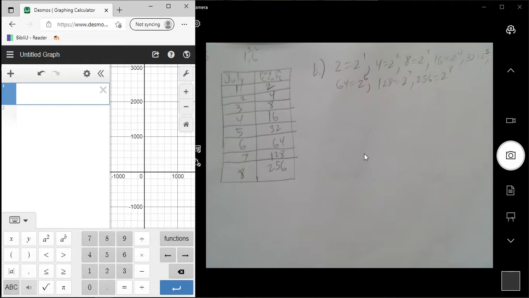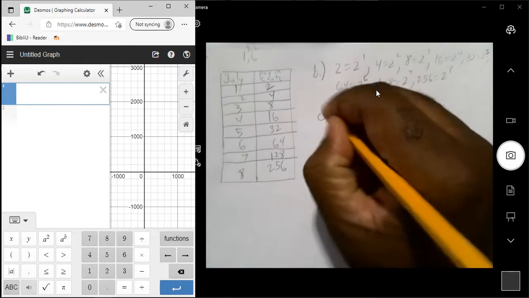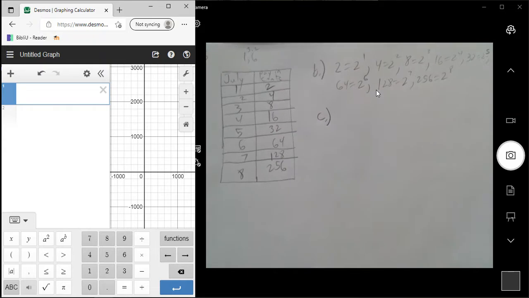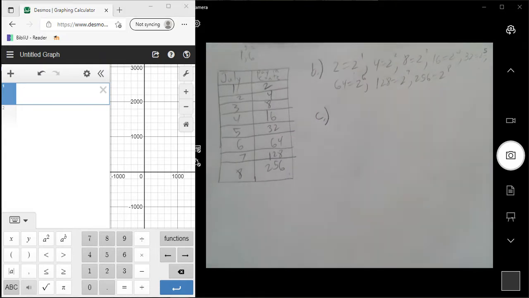All right, so we have B. Now we go here to C. It says let n represent the number of days worked. Write an equation for the daily pay P of n in cents as a function of n, the number of days worked.